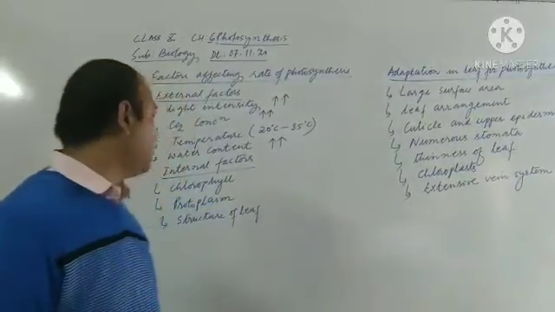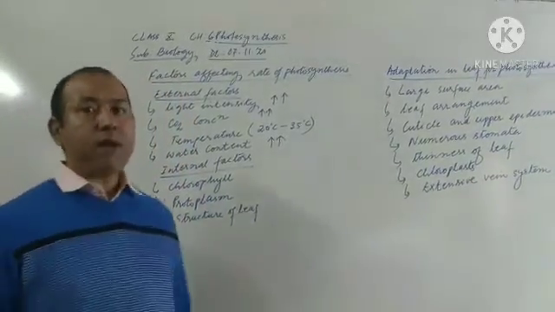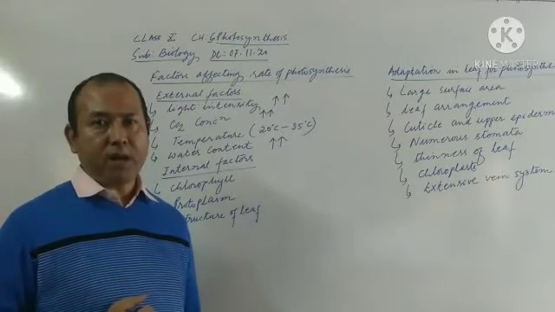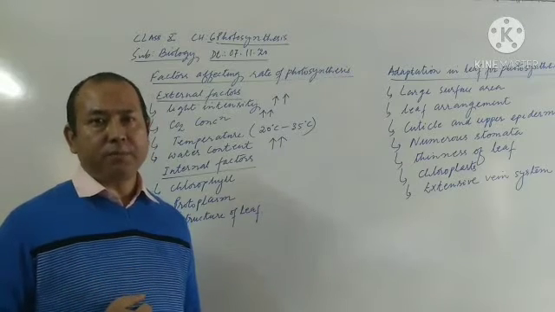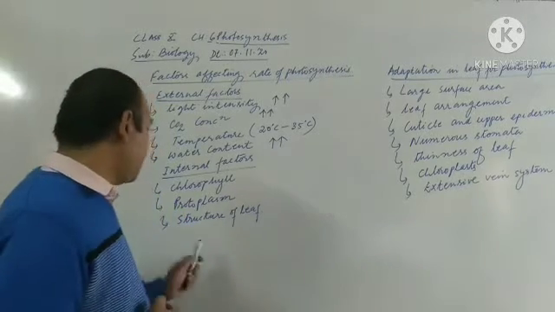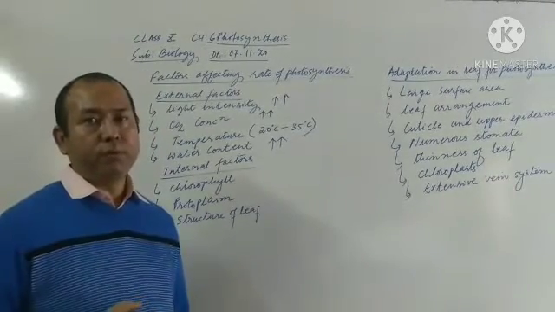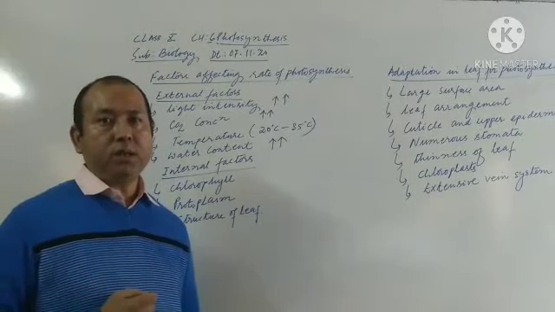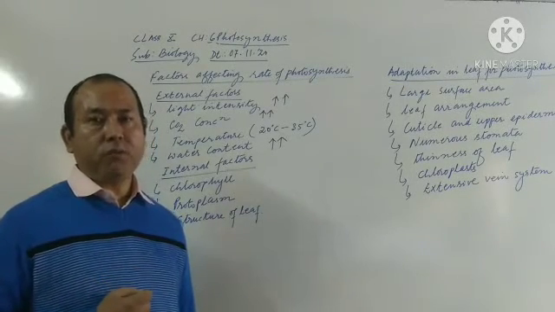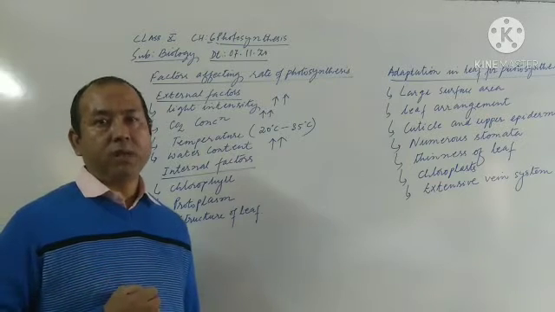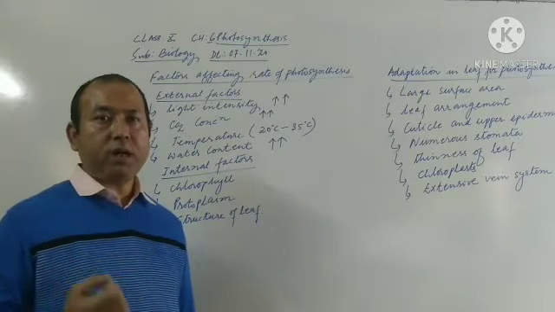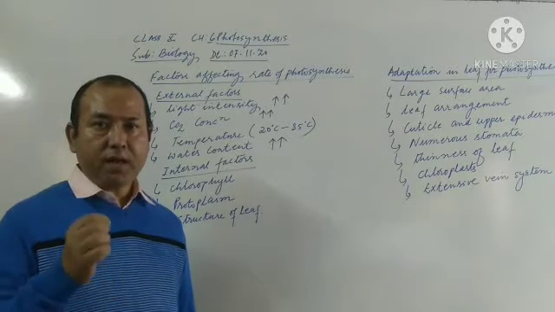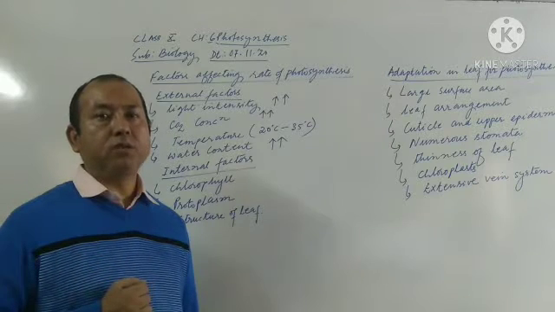Now the next topic is internal factors. Internal factors include the number of chlorophyll pigments present in the plant, the protoplasm, and lastly the structure of leaf. Chlorophyll is very important for carrying out photosynthesis, because it is the pigment which traps the solar energy, which is further utilized in combining carbon dioxide and water molecules to produce glucose.